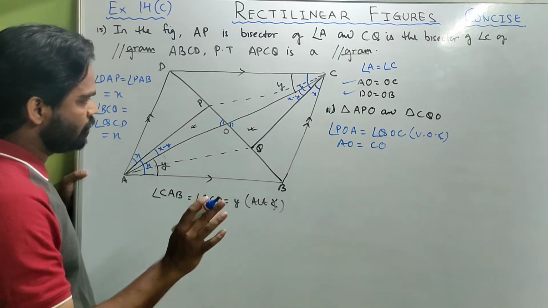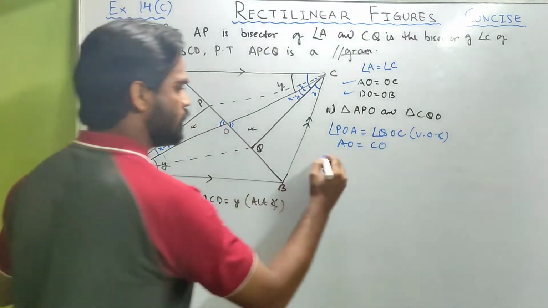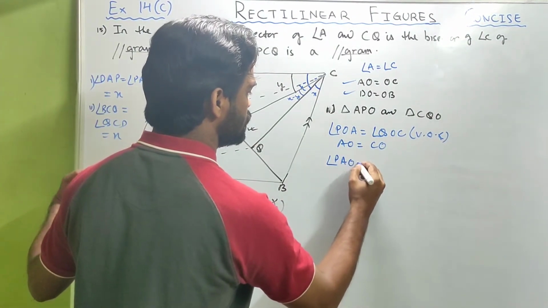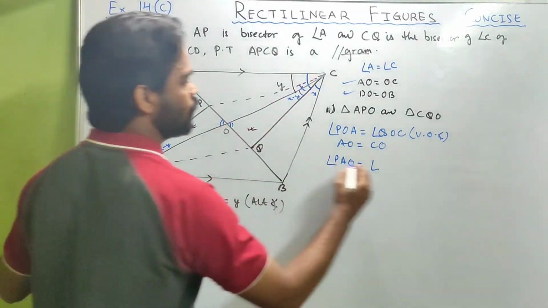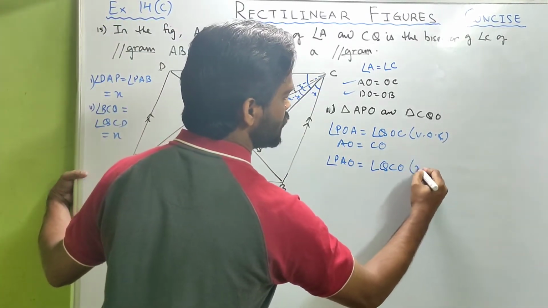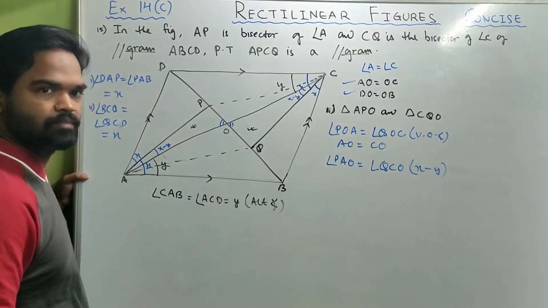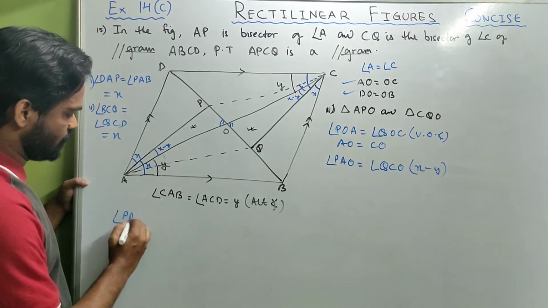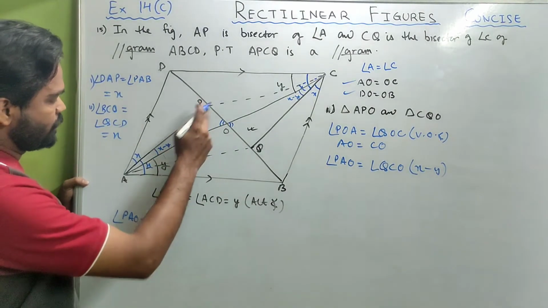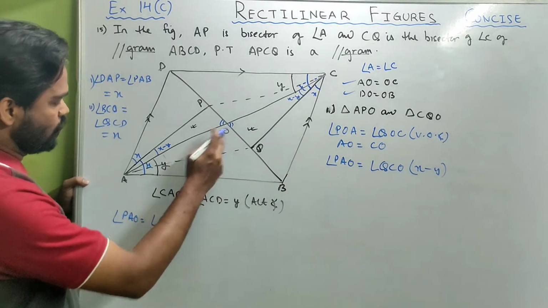Okay, now look carefully. Angle PAO is equal to angle QCO, that's X minus Y. Look carefully. Angle PAO actually was PAB minus OAB.